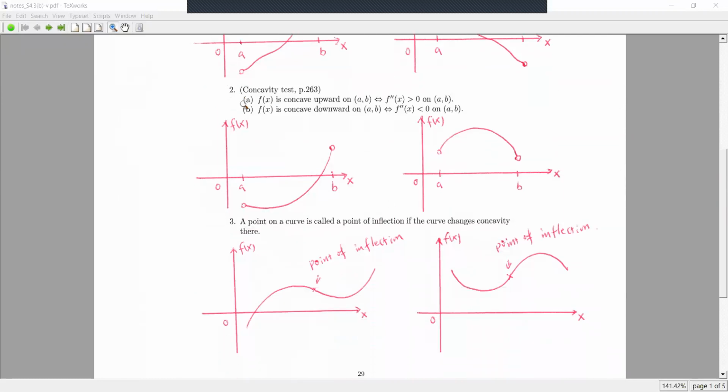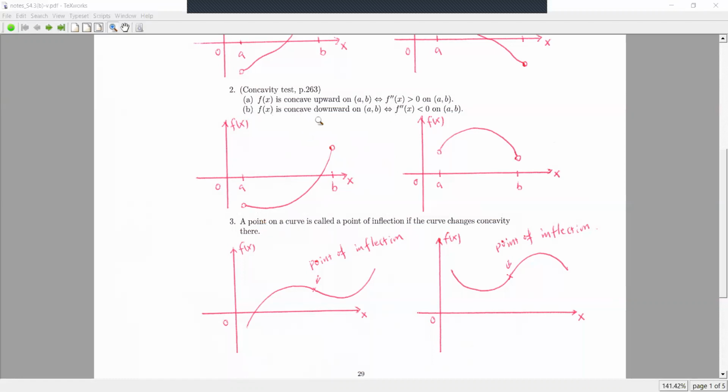Review number 2, concavity test. If a curve is concave up, then the second derivative is positive everywhere. The reverse is also true. If the second derivative is positive, then the curve is concave up.